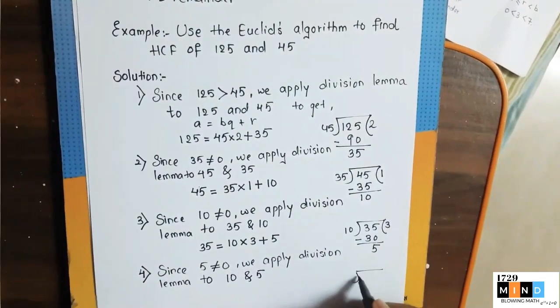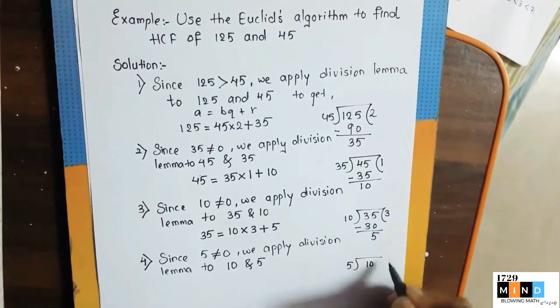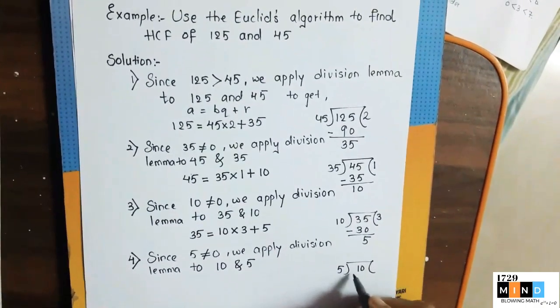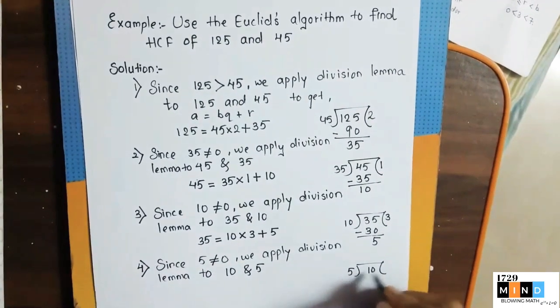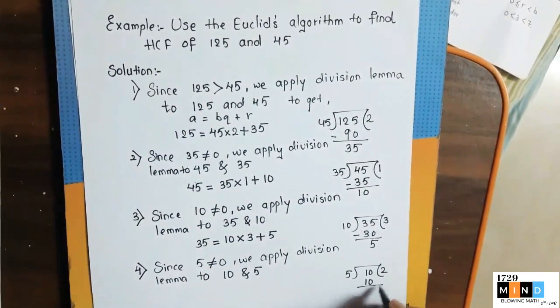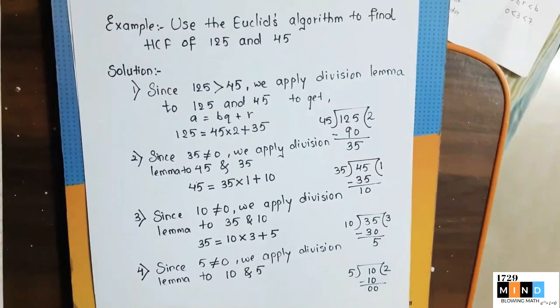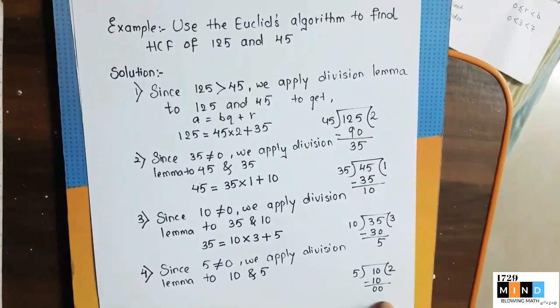Again I will divide 10 by 5. In the table of 5 there is 10, since 5 twos are 10. Now we subtract 10 from 10 and get 0.